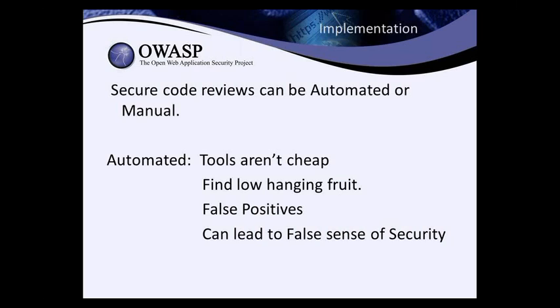And the part that really concerns me at the bottom there, they can often lead to a false sense of security. You have a project manager who doesn't really understand what the tool does, and something like AppScan runs through it and doesn't find anything, and now that project manager is telling everybody, oh, we're totally secure.